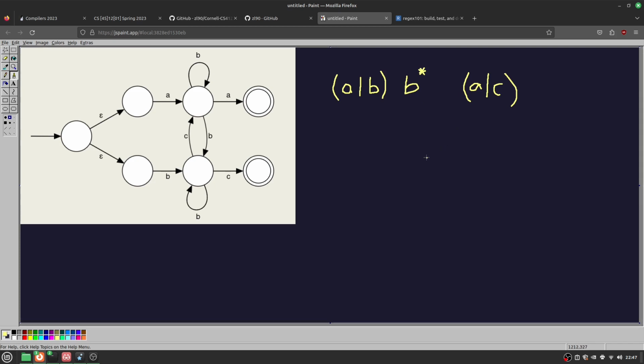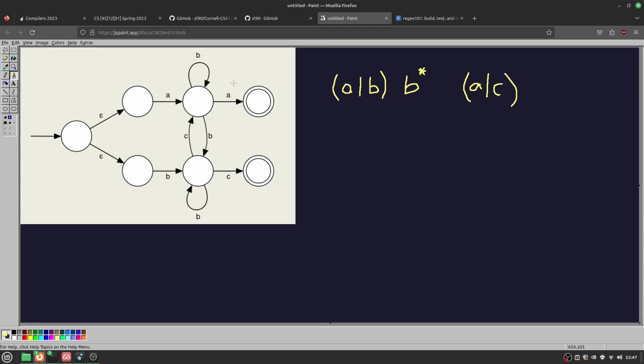Then if we do a C, okay, so if we're here, we do C, we can't reach an end state.